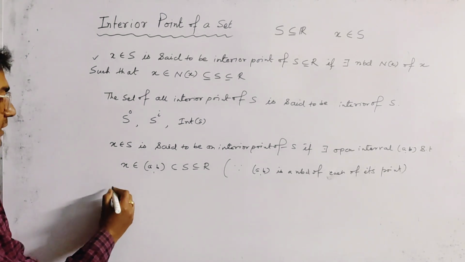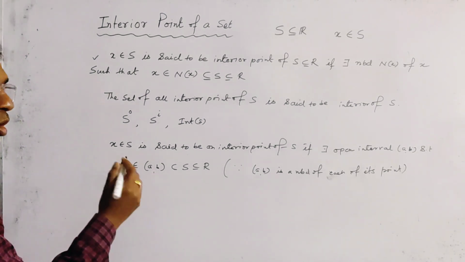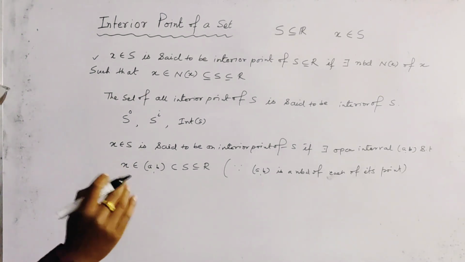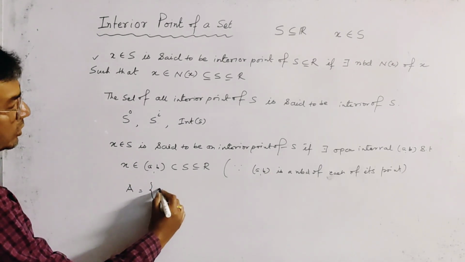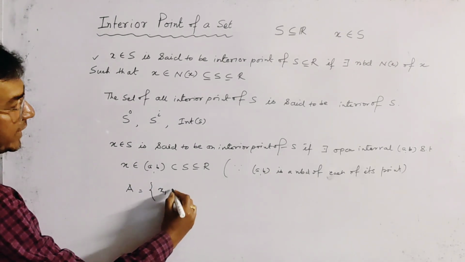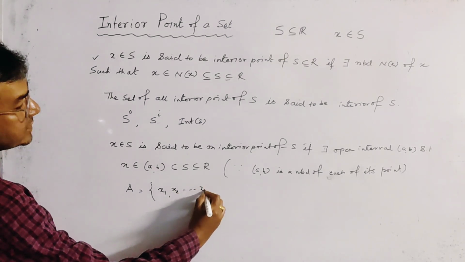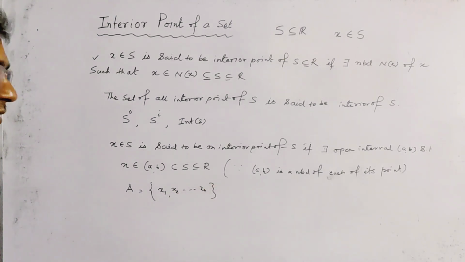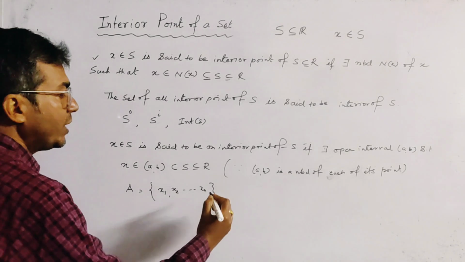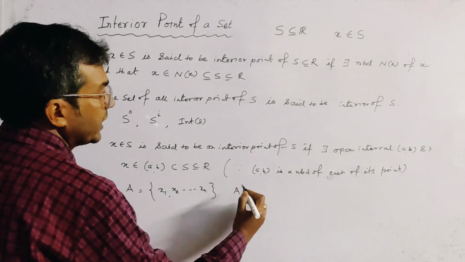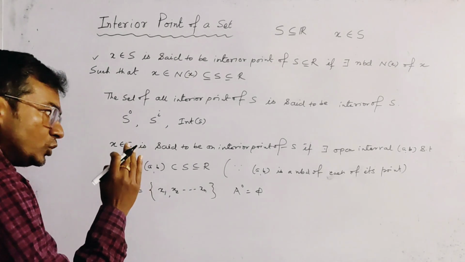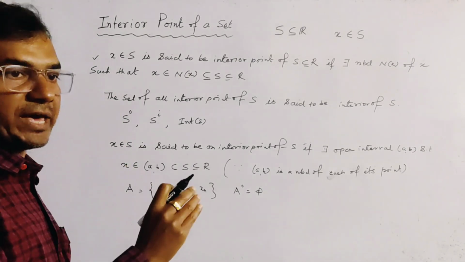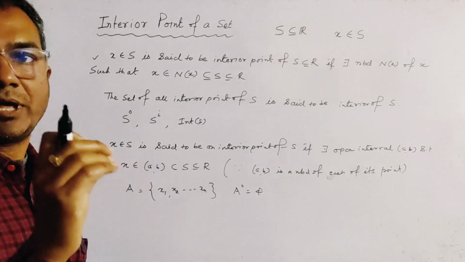If we have to find the interior of a finite set, let A be a finite set, that is, it contains a finite number of points x1, x2, to xn, and we have to find its interior. This is easy, because a finite set has no interior point.